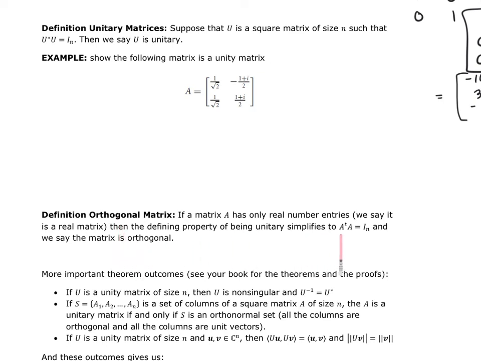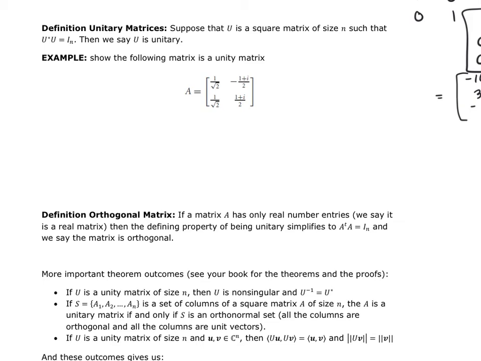We know that A transposed multiplied by A is the identity matrix, then we know that it's an orthogonal matrix.